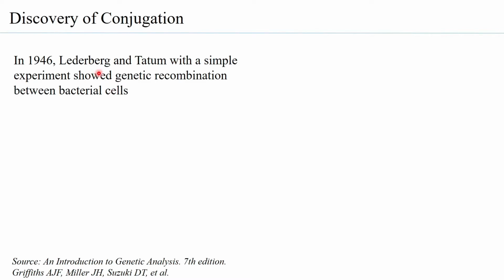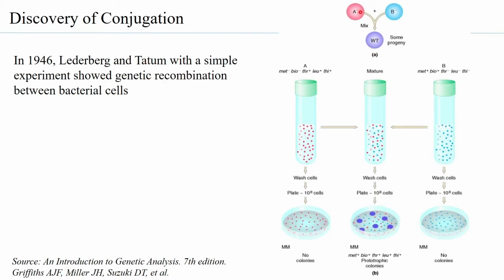What they were trying to study was, when you take two strains of bacteria and mix them, whether you have an exchange of genetic material between the bacterial cells. That was the thought behind the experiment. So in the experiment, what was taken was a strain called A minus and a strain called B minus.